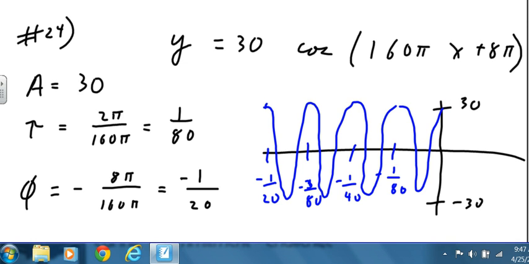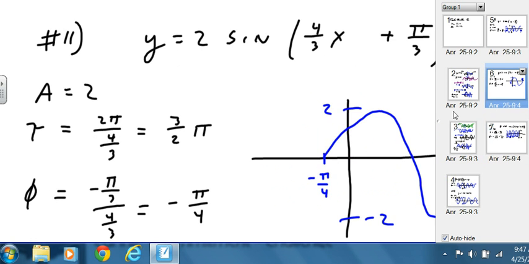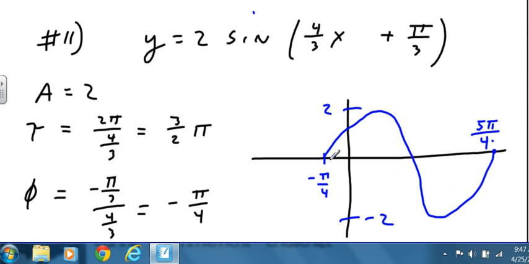If I went in and put one of these other guys in there, I would see this, but that number wouldn't have a pi in it. It would be 5 divided by 4 times pi.